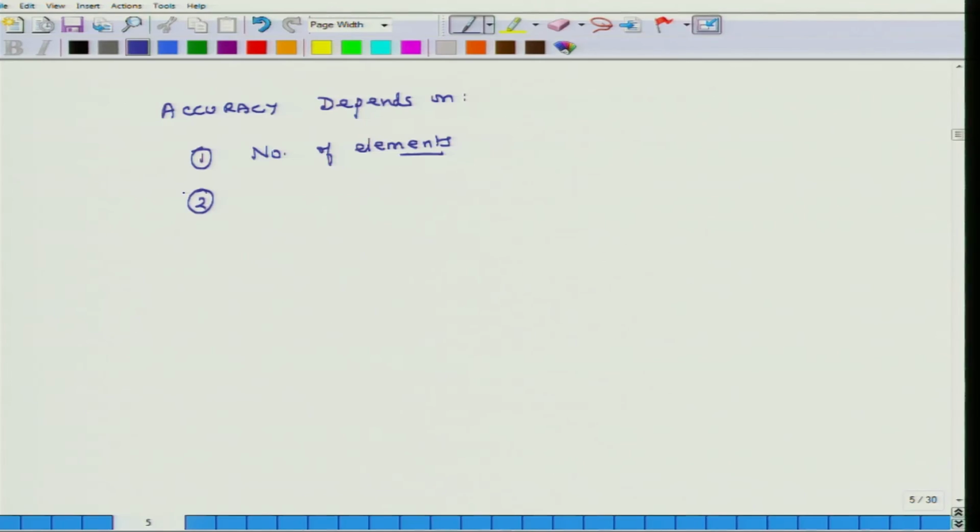Second thing is accuracy depends on the nature of interpolation functions. So in the first case, let's call this number of elements as n.